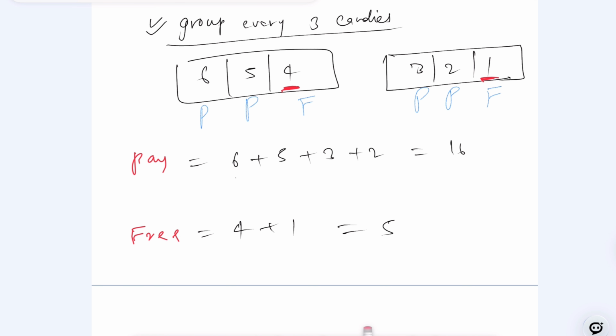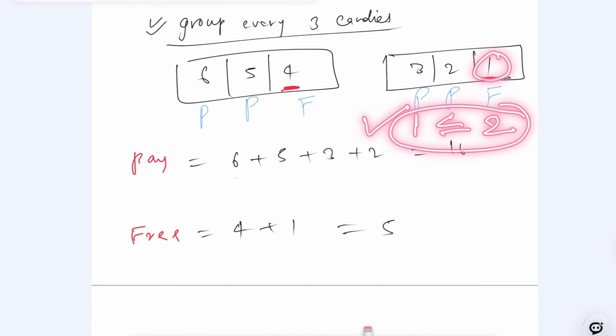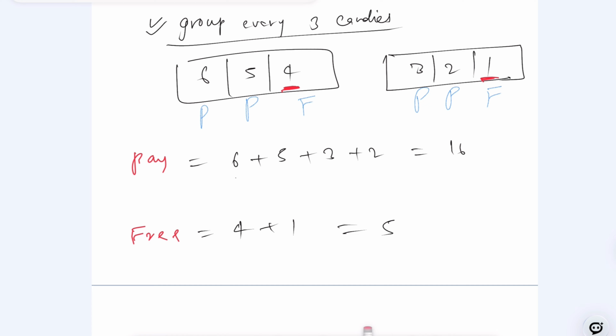Okay, let's talk about the second group here. Which one is minimum, 3 or 2? Obviously the minimum is 2, and this is 1, so 1 is less than or equal to 2, so this is free. This is valid. So in both cases you got a valid result.